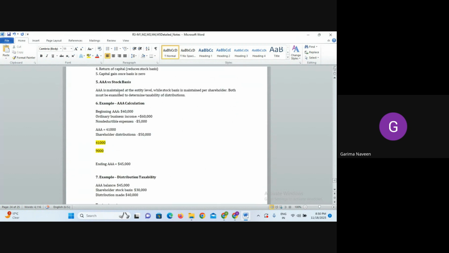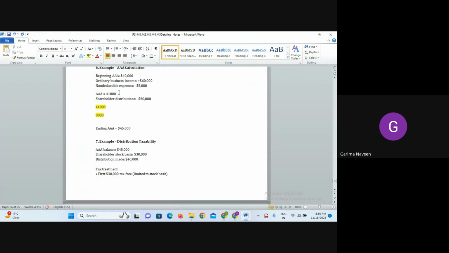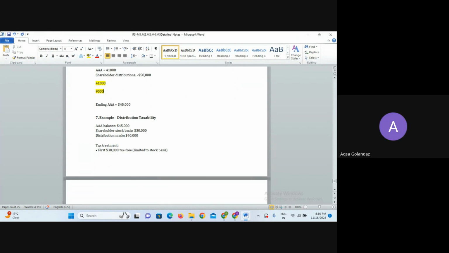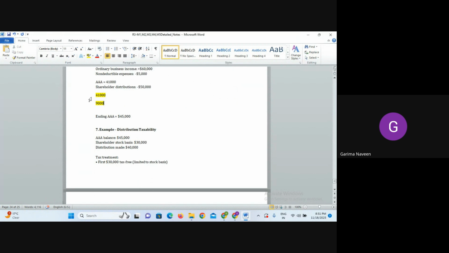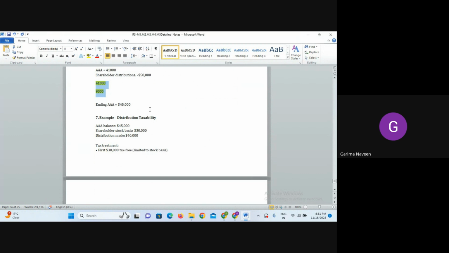Any doubt? No, ma'am. Okay. So here the stock basis was not given, so maybe you have some doubt about how much is taxable and how much reduces the stock basis.